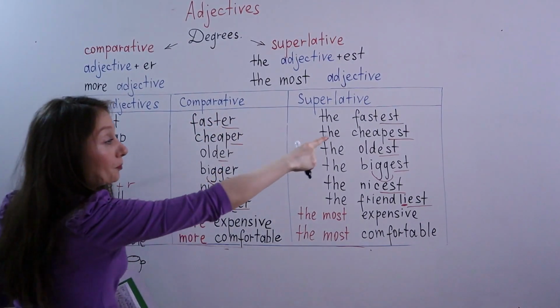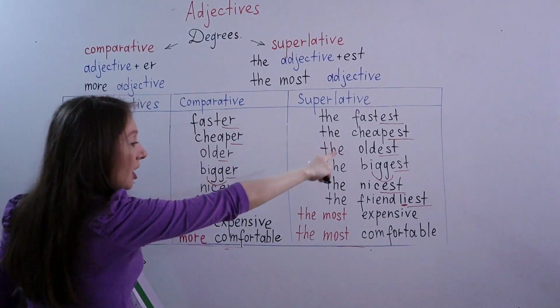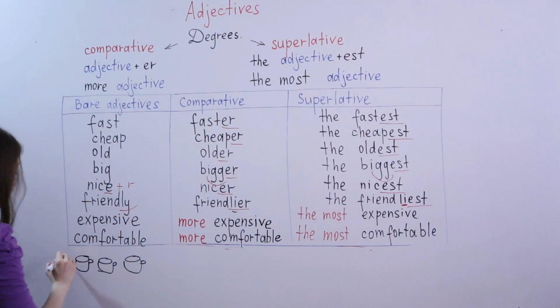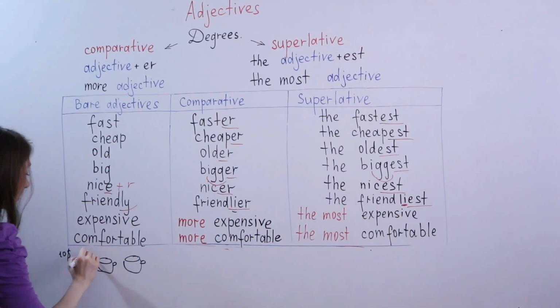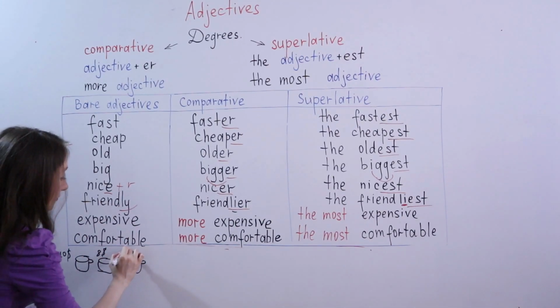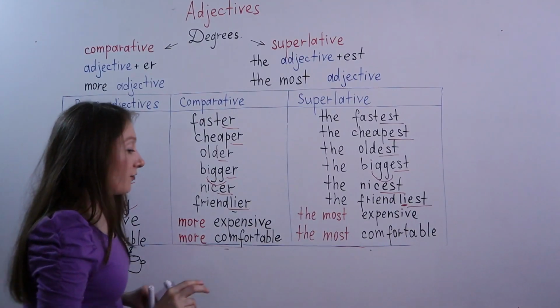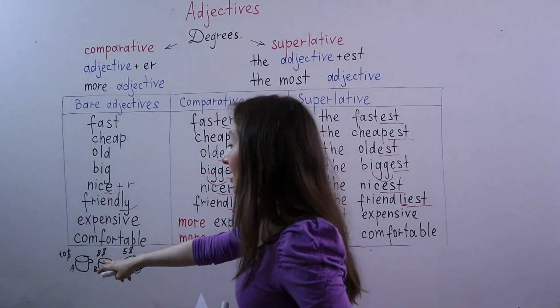We talked about before about the cheapest cup. Now we will talk about the most expensive cup. So the same thing, $10, $8, $5, cup A, B, C. From the price, what can you say?